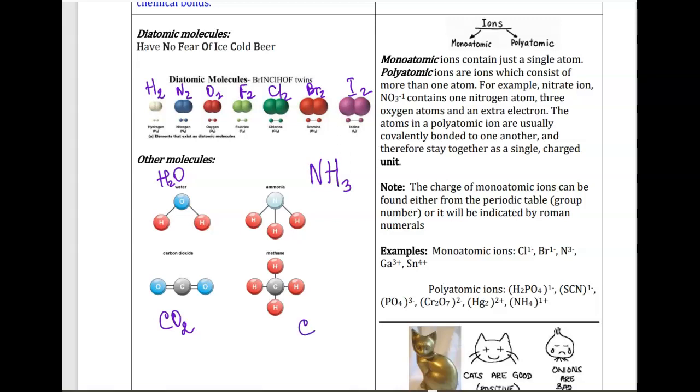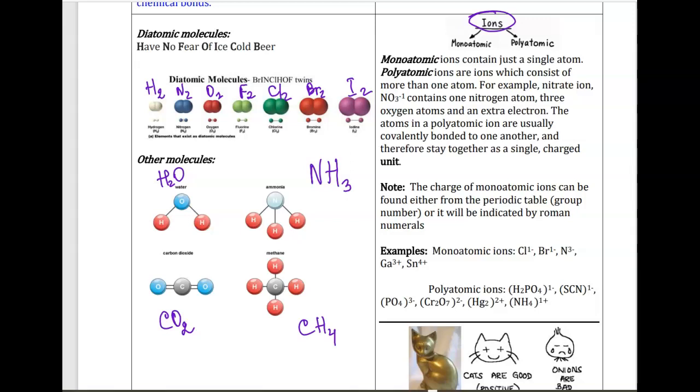So it has one carbon, no one here, and 1, 2, 3, 4, H4. Okay, so these are molecules too, and you can see that when we're talking about molecules, there are no metals there, only non-metals.